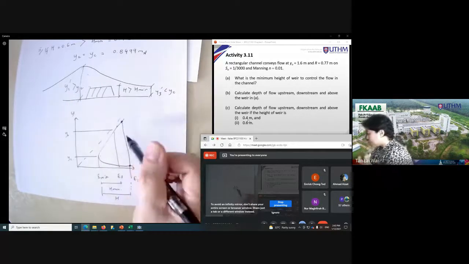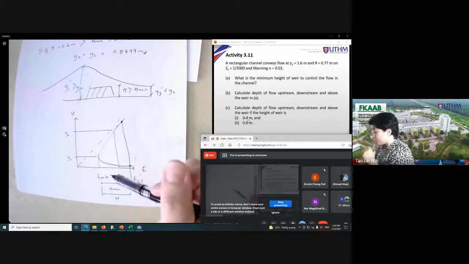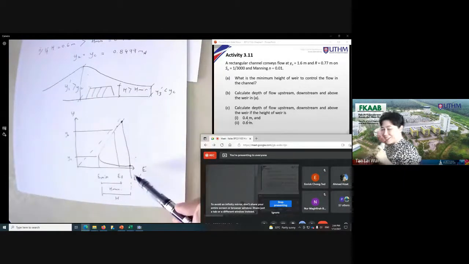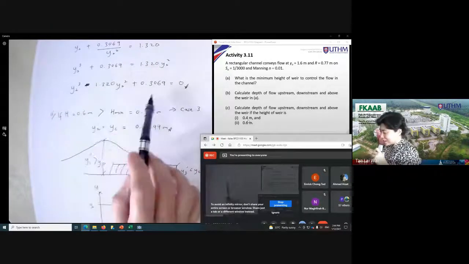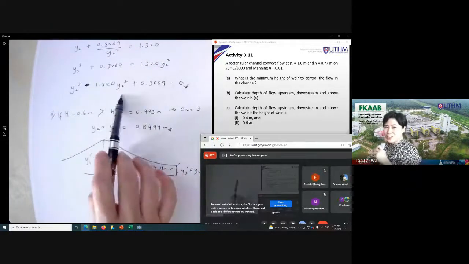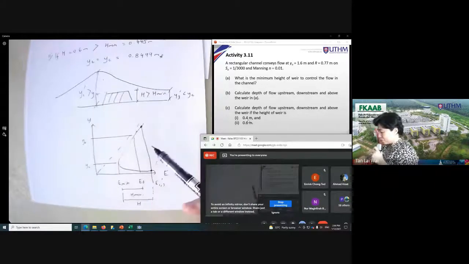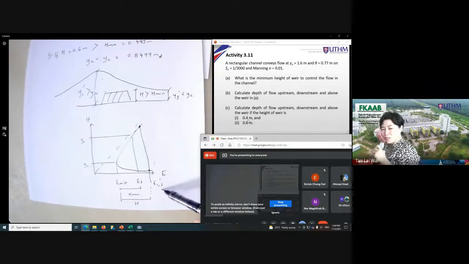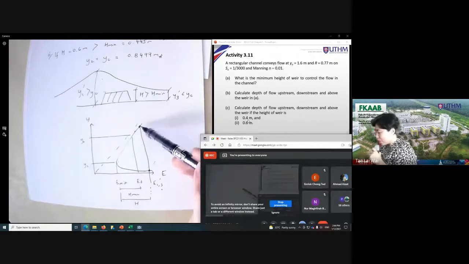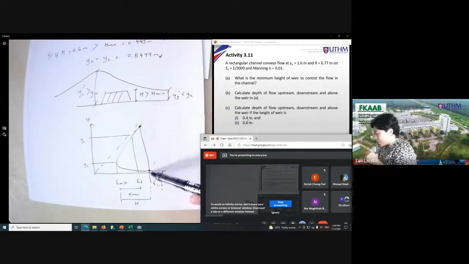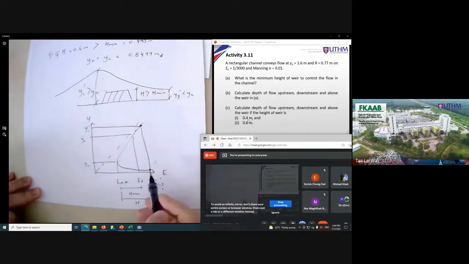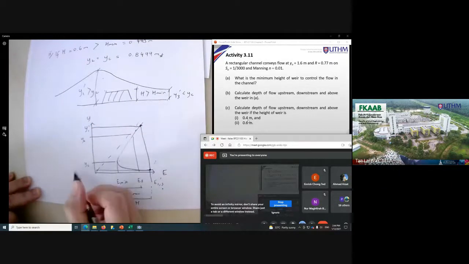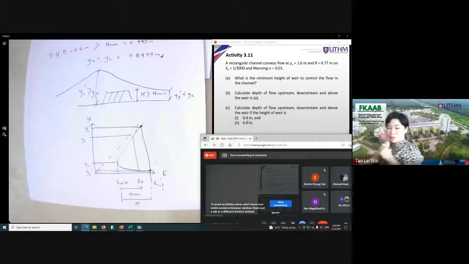So how are we going to get y1 and y3? Now, in this case, you really need to solve this kind of expression. You need to get both answers already, because for one value of specific energy, you need to find y1 prime and y3 prime. So this would be y1 prime and this would be y3 prime.